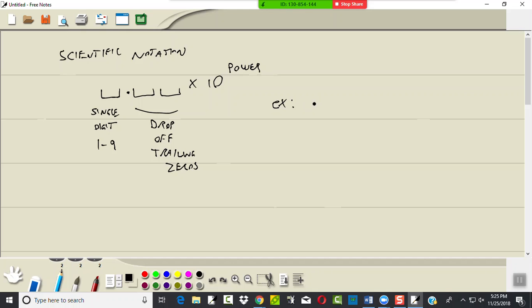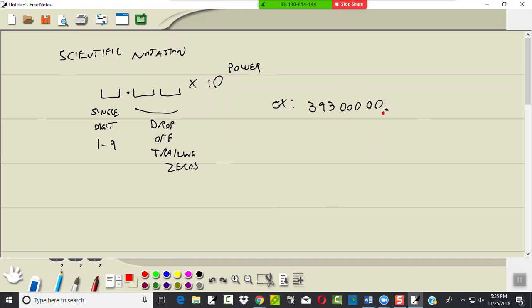If I had a number that looks like this and wanted to change that to scientific notation, well, if I were to put a decimal here, it'd be clear. You can always put one at the end. Now our goal is we want just a single digit in front of the decimal.